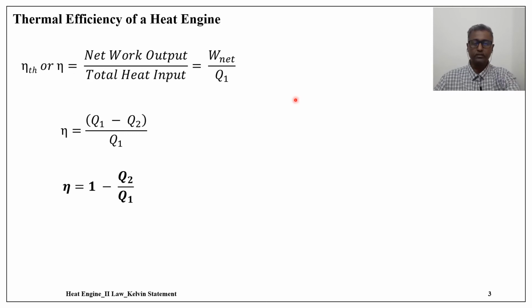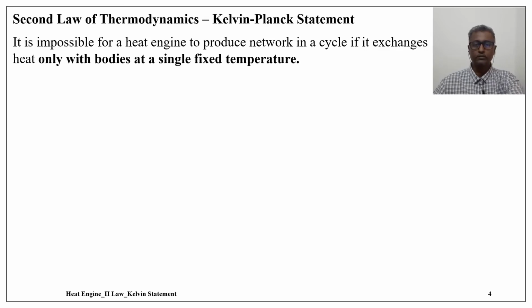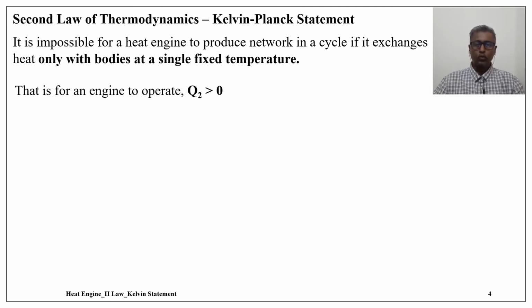From the ongoing discussion, we are about to define the second law of thermodynamics called the Kelvin-Planck statement. What is the Kelvin-Planck statement? It is impossible for a heat engine to produce net work in a cycle if it exchanges heat only with bodies at a single fixed temperature. What it implies is that for an engine to operate, Q2 must be greater than 0.